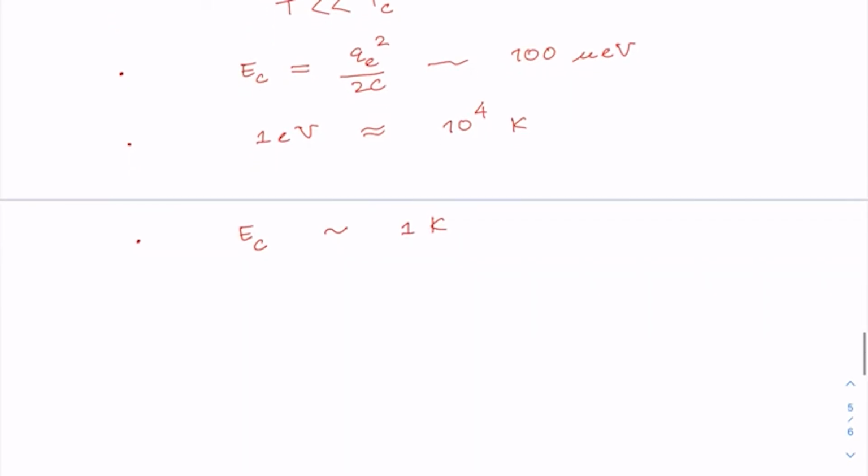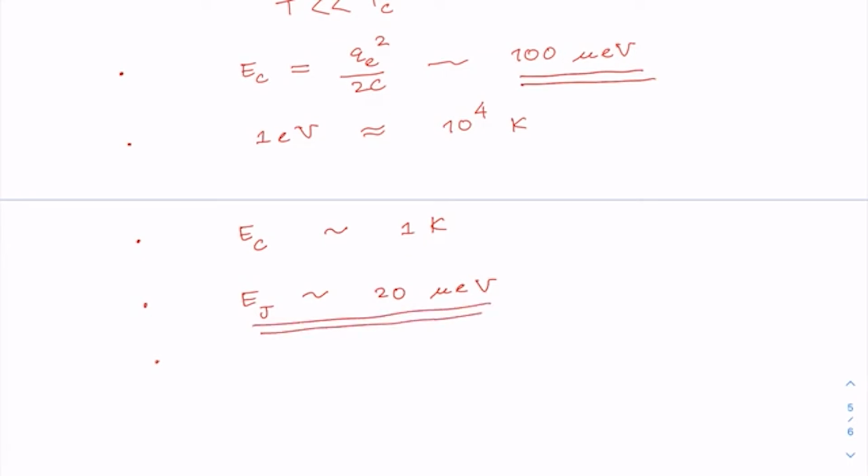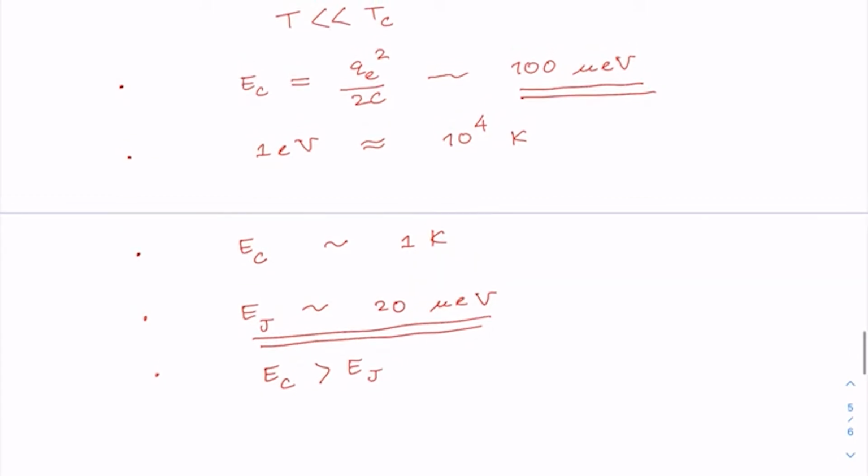On the other hand, the Josephson energy EJ is in the range of 20 micro electron volt. So as you can see, EC is 100 micro electron volt and EJ is 20 micro electron volt. Therefore EC is greater than EJ, and that is needed because, as you saw earlier in our analysis, the Josephson part in the Hamiltonian we took as a perturbation.